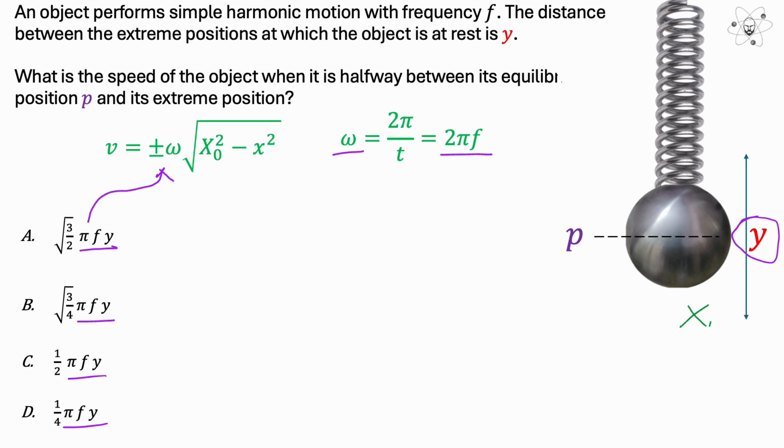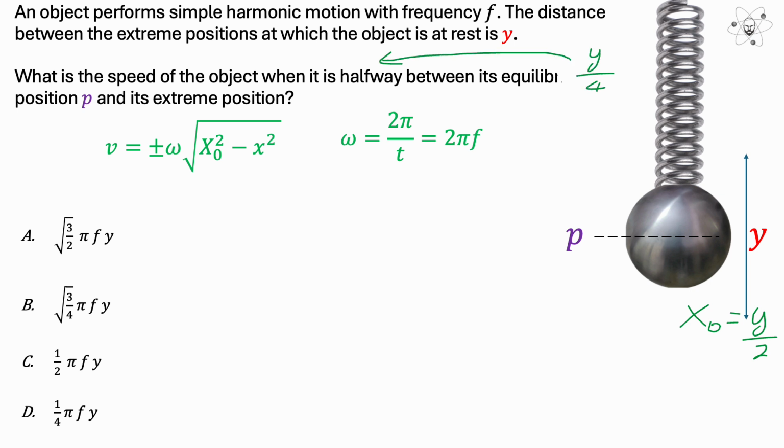The amplitude is actually y divided by 2, because the amplitude is from the middle point P to the extreme positions. So the amplitude is y over 2. That means when the object is halfway between the equilibrium point, it is y over 4. So that's very important.